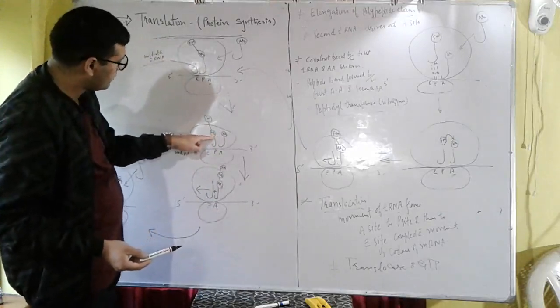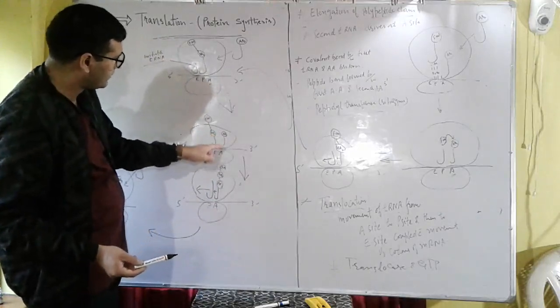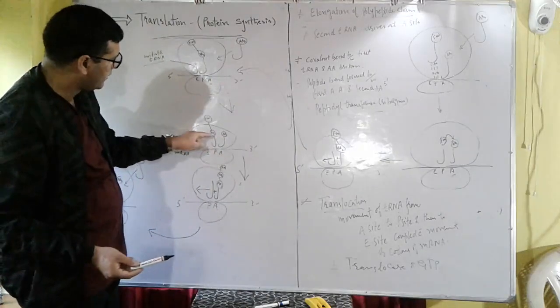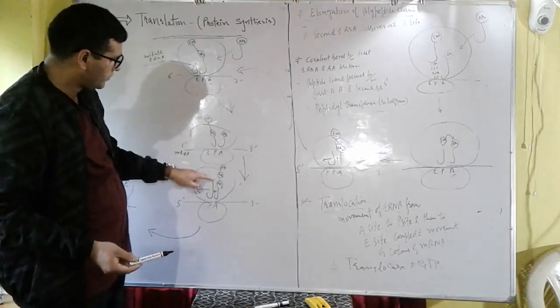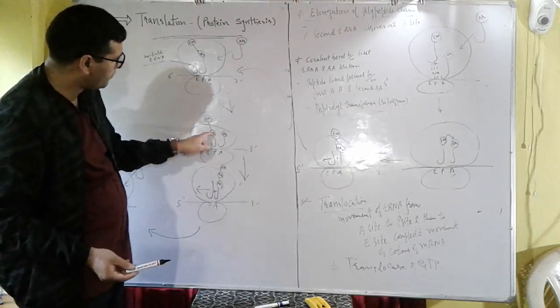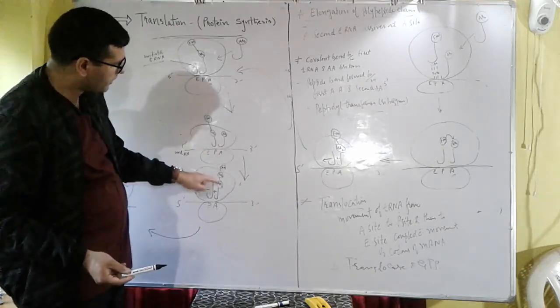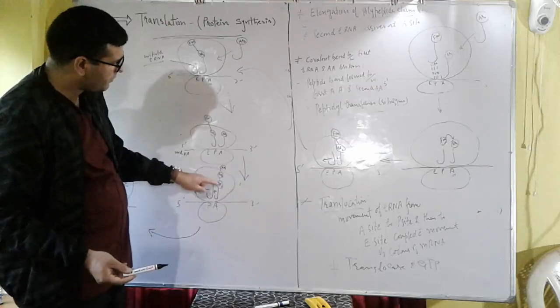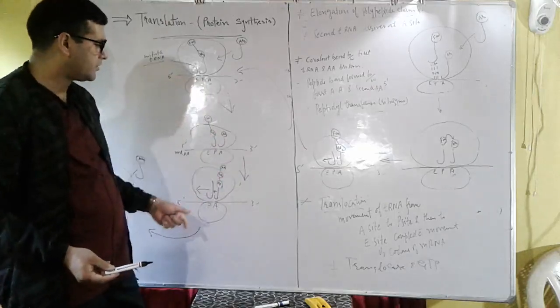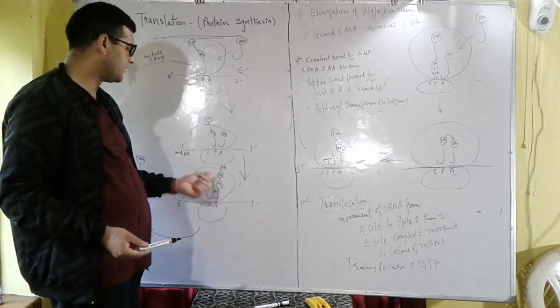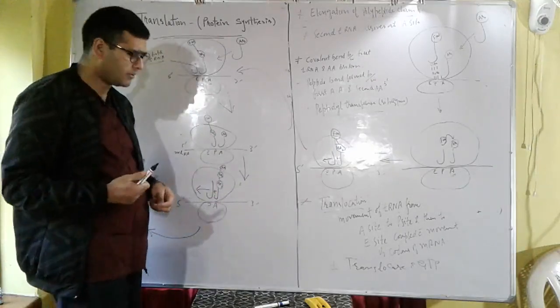This tRNA will come at the A site. Then the bond is broken between this tRNA and its amino acid, and the amino acid shifts. So a peptide bond is formed between the third amino acid and the second amino acid. This is done by peptidyl transferase. In this way, the polypeptide chain grows.